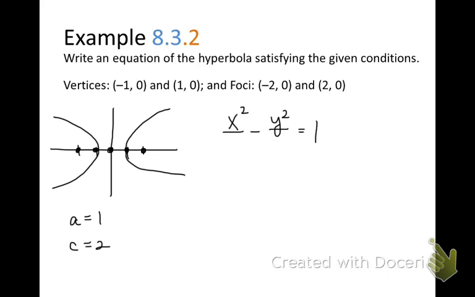Right, since it's a hyperbola, it's the Pythagorean theorem with a plus, right? So that means that your B value should equal the square root. And actually, do I need to find B or do I need to find B squared? So I don't really need to do that square root business. I can just do that B squared is going to equal C squared minus A squared.